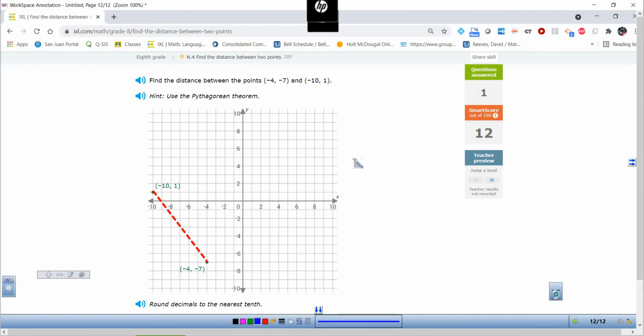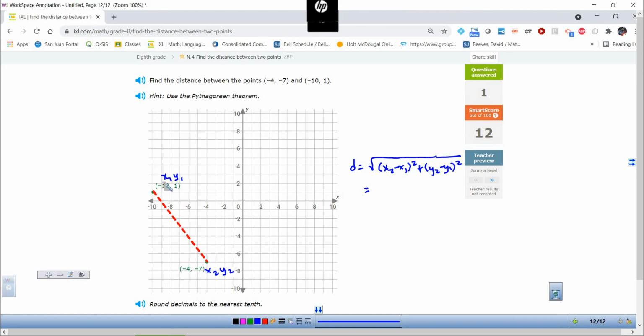The distance formula says that d is the square root of x2 minus x1, that's my horizontal distance, squared, plus y2 minus y1, that's my vertical distance, squared. So right here, I'm going to call this x1, y1. I'm going to call this second point x2, y2.